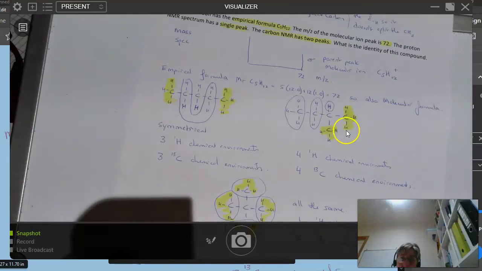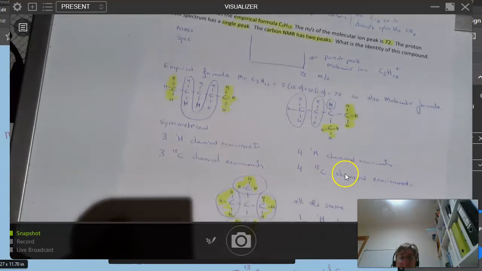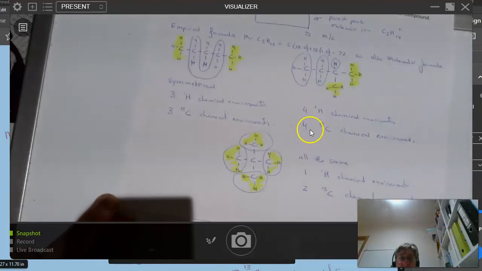So be careful when you do that to notice that. Any branching makes them the same. So they're both attached to a carbon which has got one hydrogen on it. So we've got 1, 2, 3, 4 chemical environments for hydrogen, and 1, 2, 3, 4 carbon environments. So it's not this one.